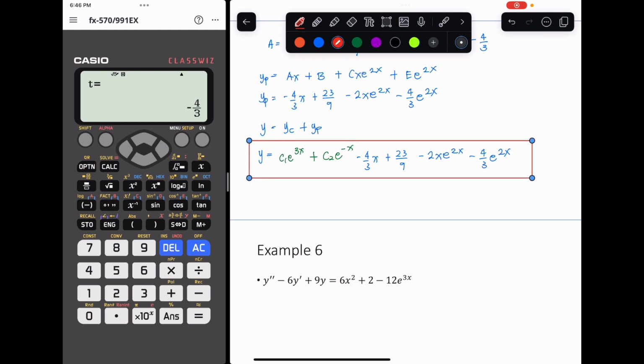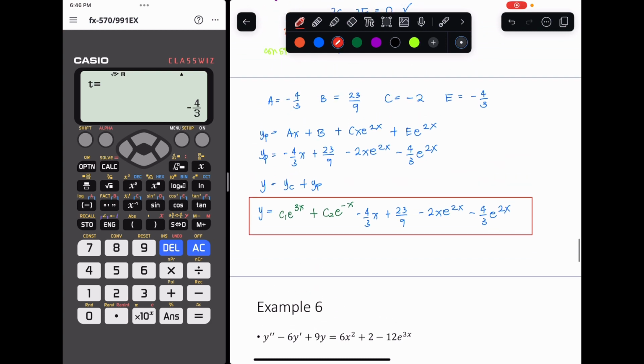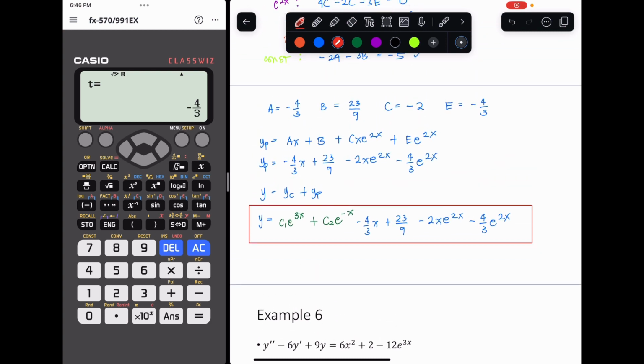So our general solution is y equals C1 e raised to 3x plus C2 e raised to negative x minus 4/3 x plus 23 over 9 minus 2x e raised to 2x minus 4 over 3 e raised to 2x. By the way, even if all of the terms interchange with each other, it's just fine. Probably the arbitrary constants will interchange. It's just fine.